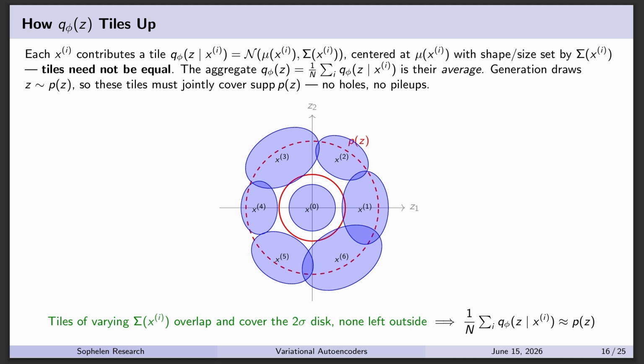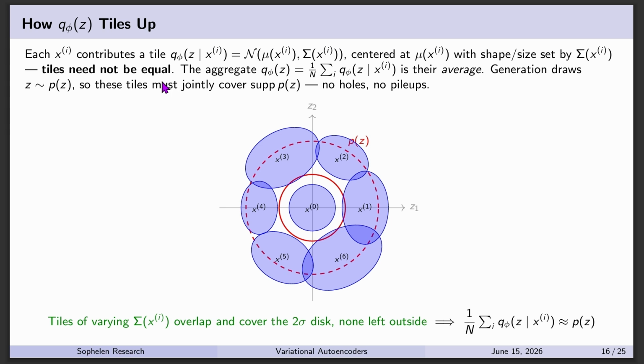There's something I said earlier that I wish to clarify a bit more. The encoder sends each image to a Gaussian blob, and that Gaussian blob can be of arbitrary size and at arbitrary center. Here, the center is the mu, and the size is dictated by sigma.